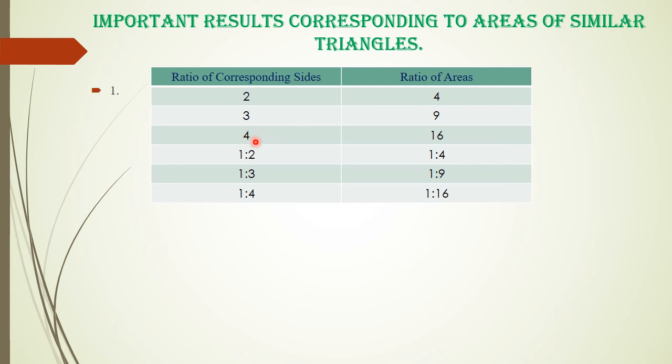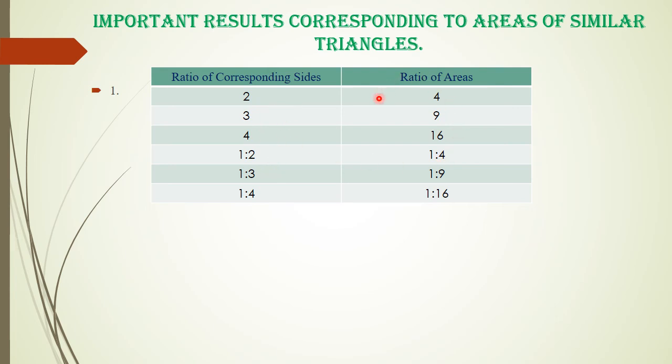If it is 4, then the ratio of areas of the two triangles will be 16. If the ratio of corresponding sides is 1:2, then the areas will be 1:4. If it is 1:3, then the ratio of areas will be 1:9. If 1:4, then the ratio of areas will be 1:16. Like this you can remember these values for your quick calculations.